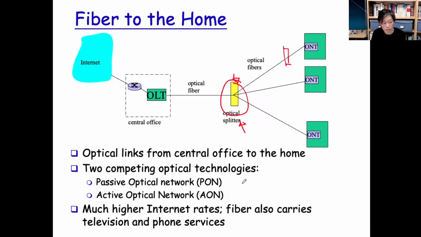Two typical architectures for these splitters are PON and AON. Passive optical network means that what's being done here is very straightforward. You just have mirrors so that you can reflect signals in the right direction to the destination.